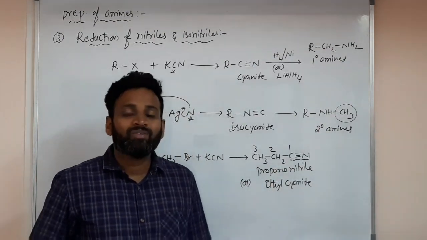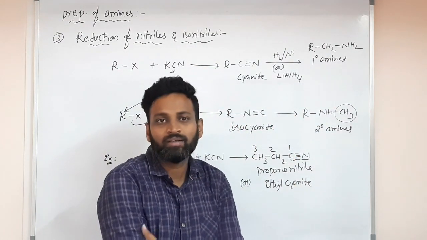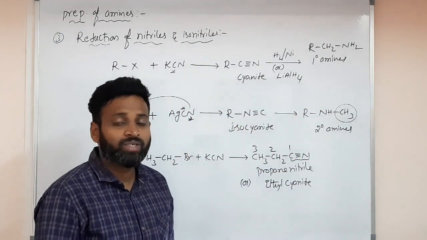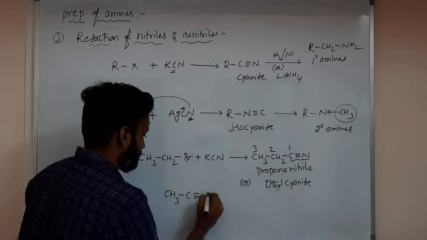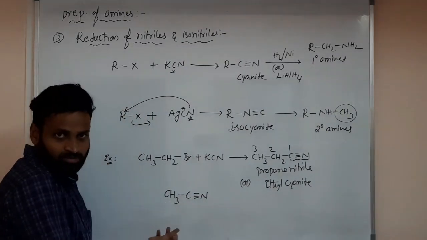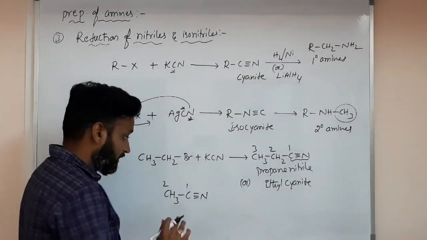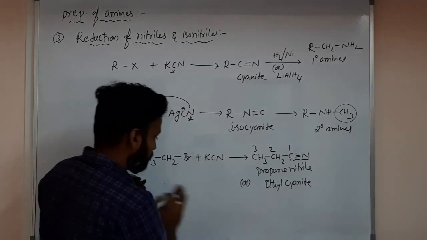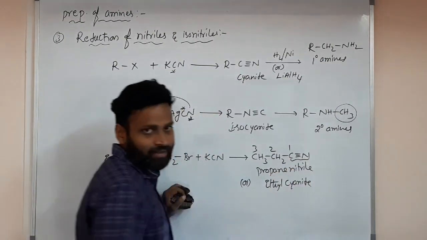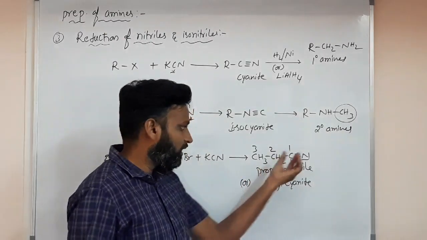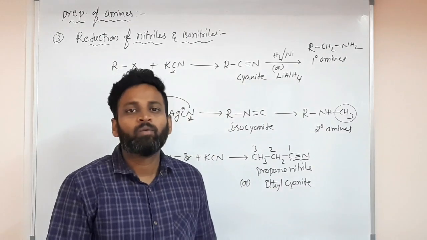Why am I asking? They will ask, ethyl cyanide when reacted with KCN, on reduction what is the product? Ethyl cyanide means ethyl group and cyanide, that is two carbons plus the nitrile carbon, or propane nitrile. Why am I saying this? They will ask like that: propane nitrile on reduction by nickel and H2, what is the product?